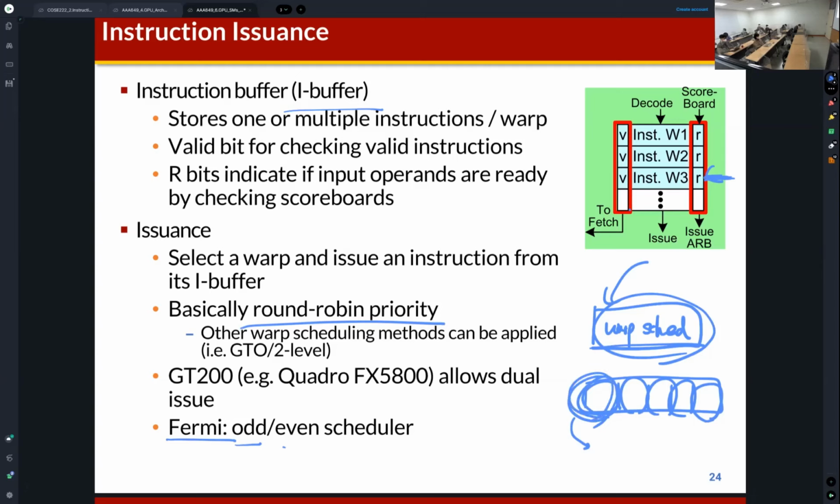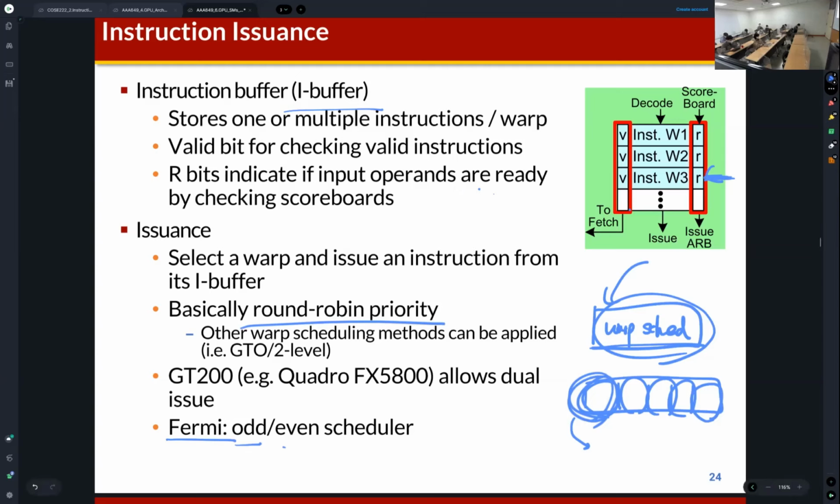We can change the priority of the warps in a round robin fashion. Round robin fashion means that, for the warp numbers, we select the highest priority in round robin fashion: 0 is selected, and then 1 is selected, and so on.